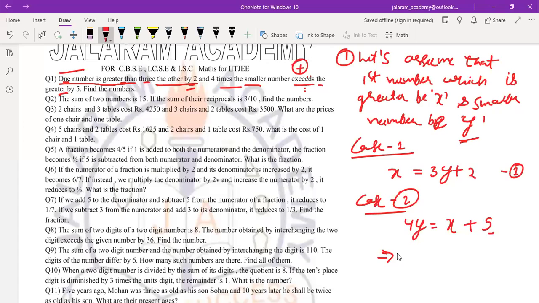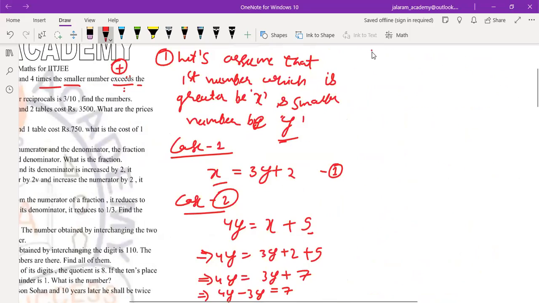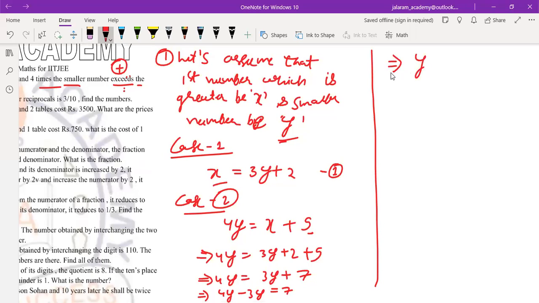It implies, now we use the value of x from the first equation, so we use the elimination method to solve this question. It implies 4y equals 3y plus 2 plus 5, which is 7. It implies 4y minus 3y equals 7. Don't forget to write this "it implies" sign while solving the equation.